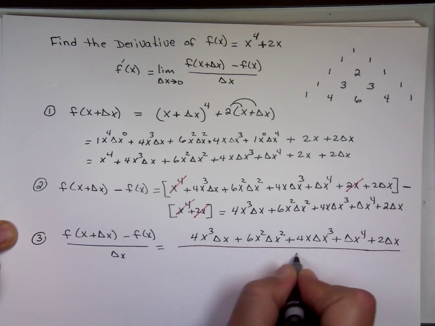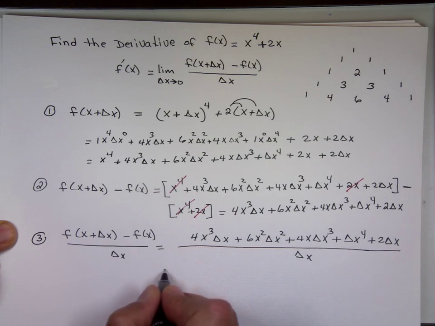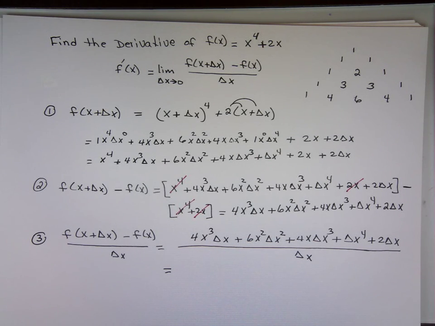Notice that's dividing each one of them by delta x. I'll give you a chance to finish writing. Can you see that in the back there? Or is that writing too small? You can see it? Now let's divide each one by delta x.